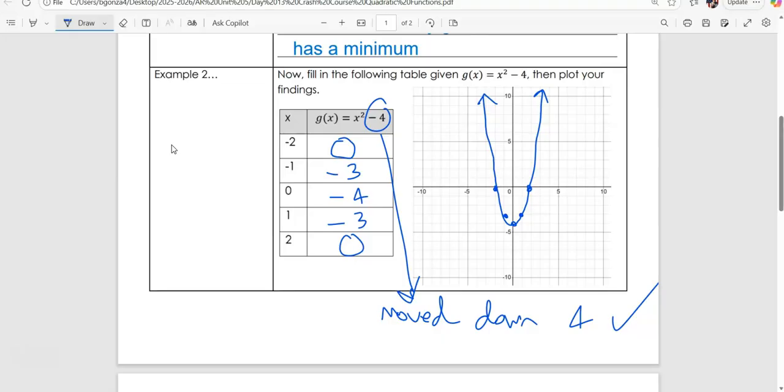Halfway done. All right, we good? All right, next one.